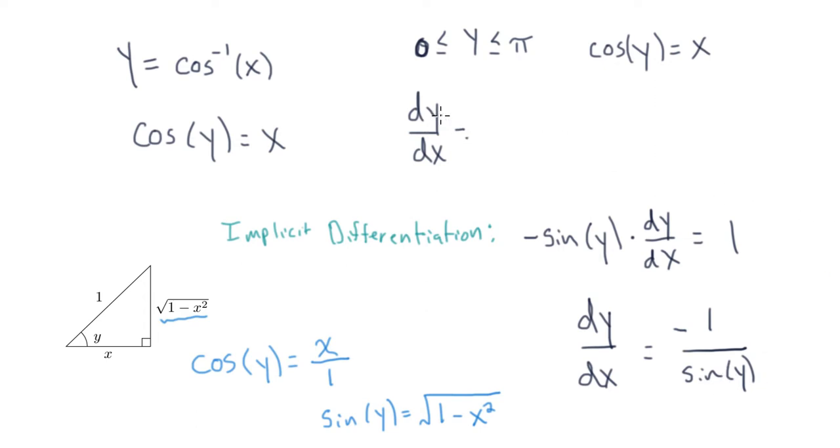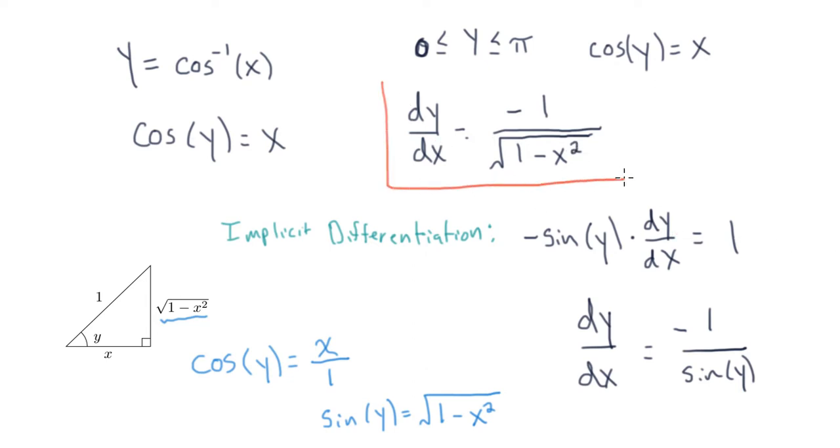So now the rate of change of y with respect to x, or in other words, the derivative of the inverse cosine function, is negative 1 over the square root of 1 minus x squared.